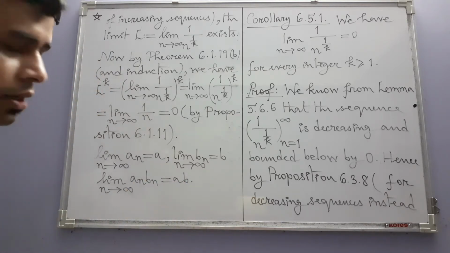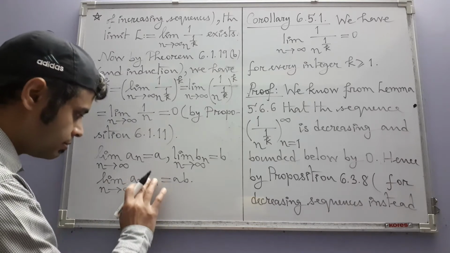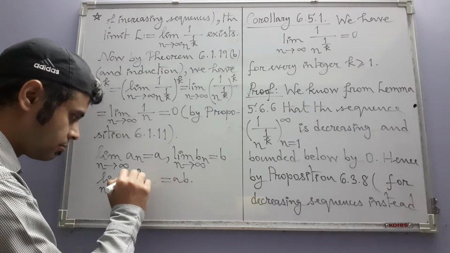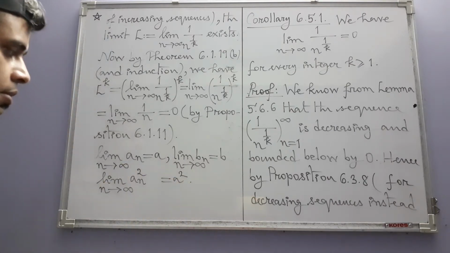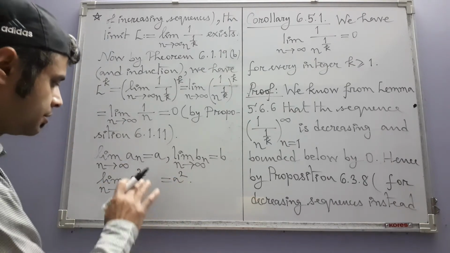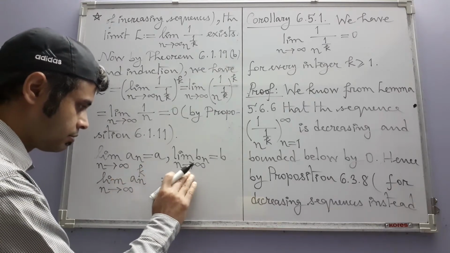In the particular case where both the sequences are the same, you get this limit instead. And by induction, you can change this 2 to any positive integer k.